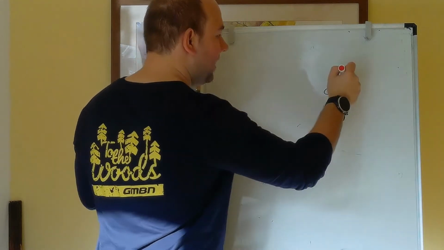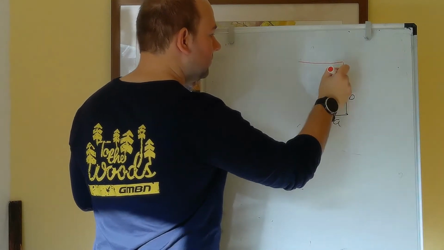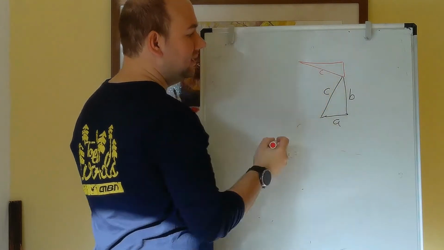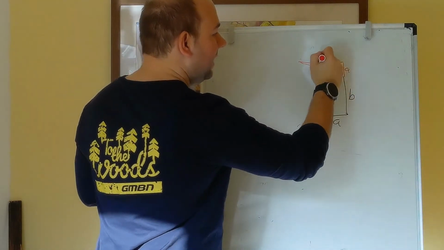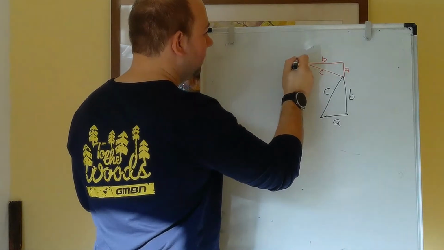I'm going to do it in red. In which case this side is still going to be C, this side is now A, that's B. And then I'm going to draw a third triangle.